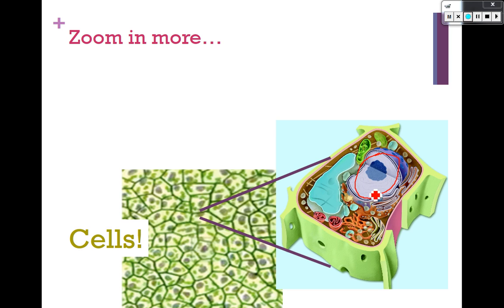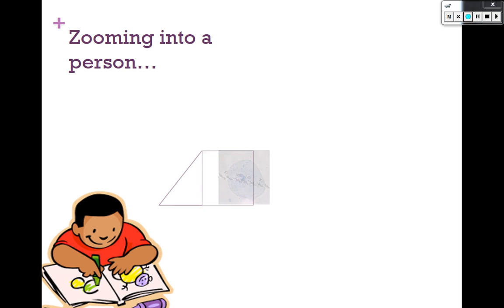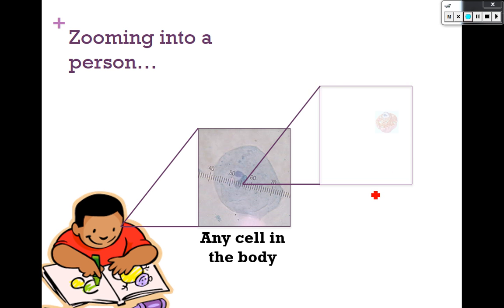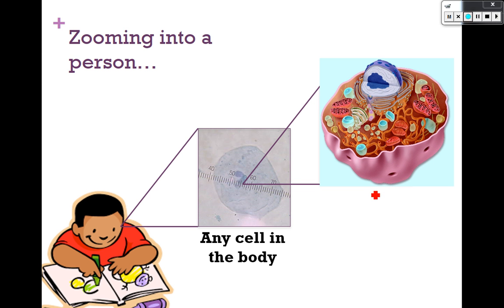So again, just to review, because it's been a while since we did cells, if we zoom into a person, we're going to see cells in any cell in the body. They're going to have these different organelles, and here is going to be the nucleus with the DNA. And these squiggly little guys in here are what the DNA is. So all those little squiggles.